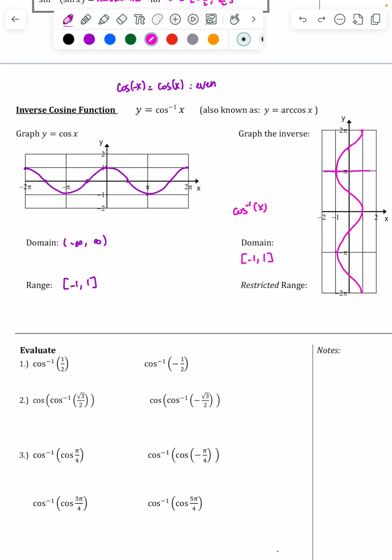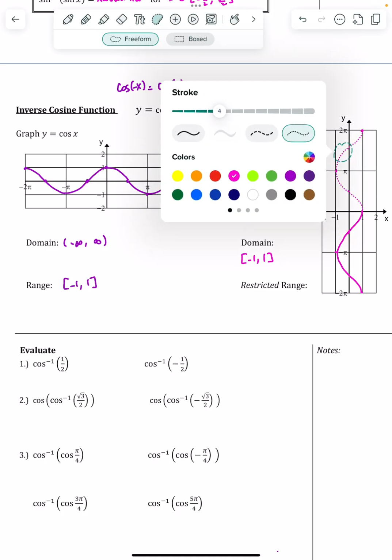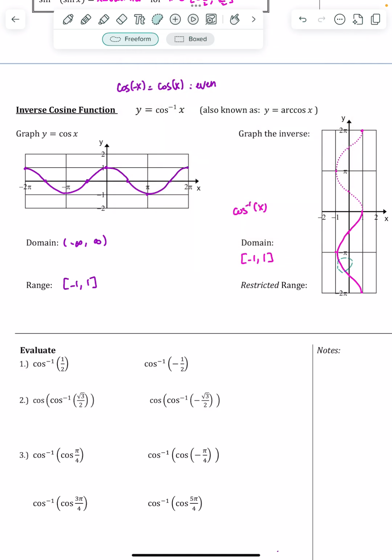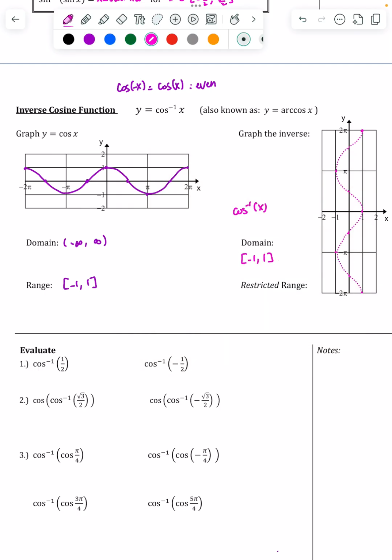So I'll try to dash the rest of it. Let me dash it all, and then I'll make this part between 0 and pi solid. So it is a function on this restricted range of 0 to pi.